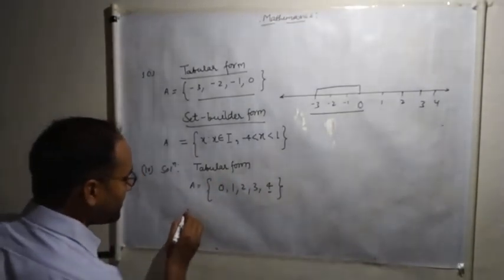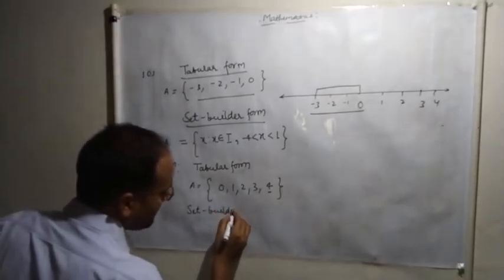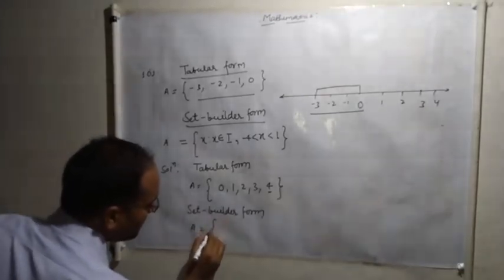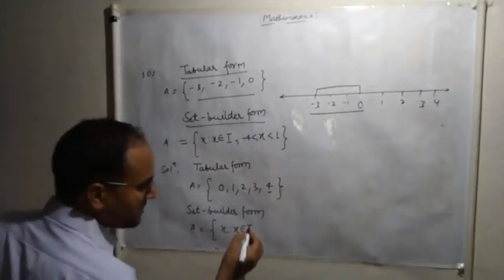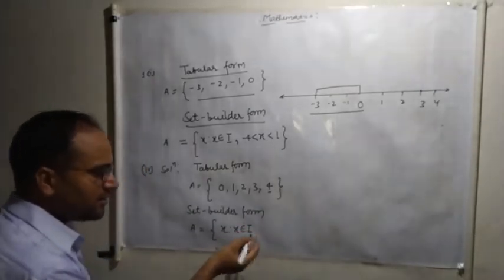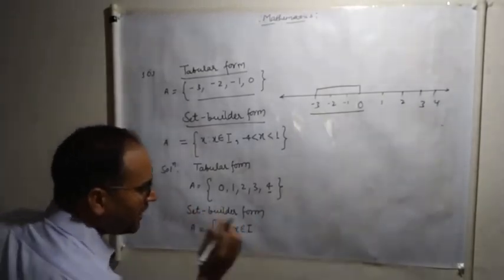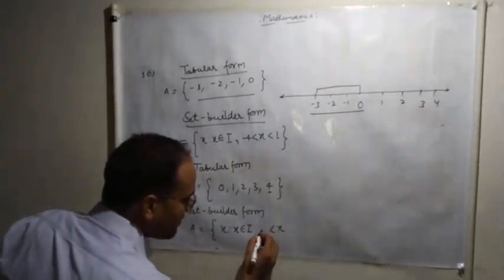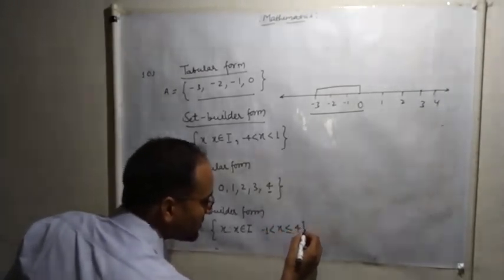How will you represent it in set builder form? Set builder form, the same information: {x : x belongs to integer I}. Integer you can write as the word integer, no problem. Where x is greater than -1 and less than or equal to 4, students.